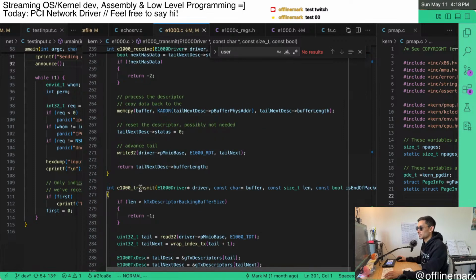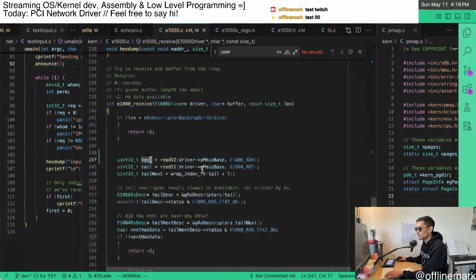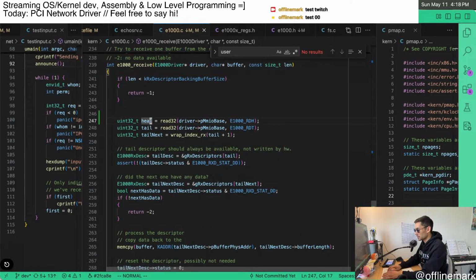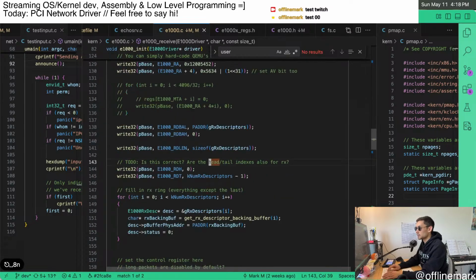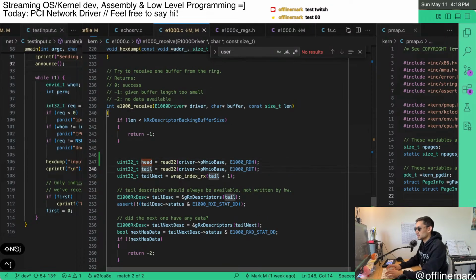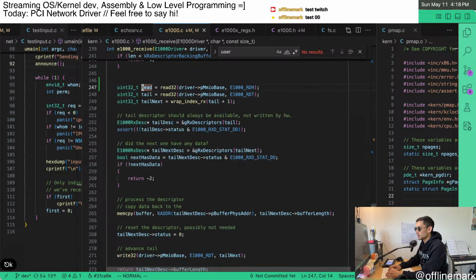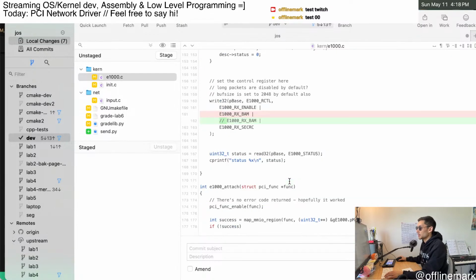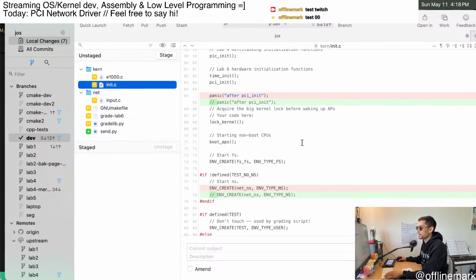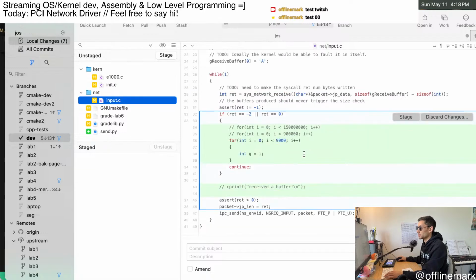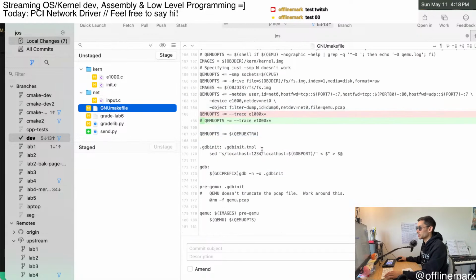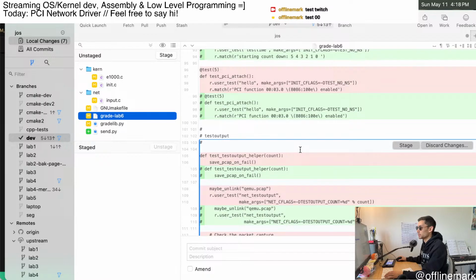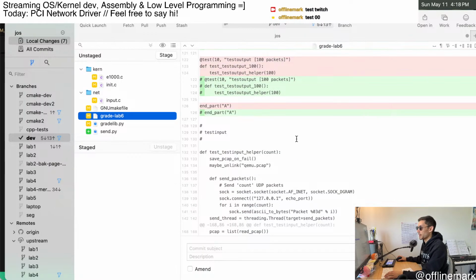So this head thing, is this used anywhere? I'm not seeing a use of this. Okay. Slowly getting somewhere here. And the whole goal was to pass these tests.